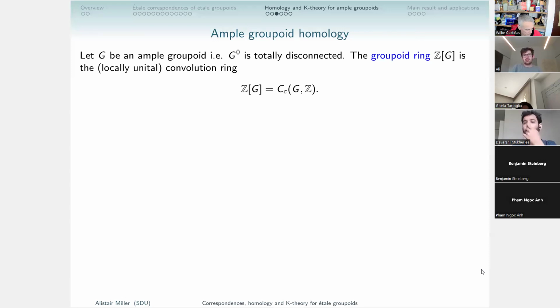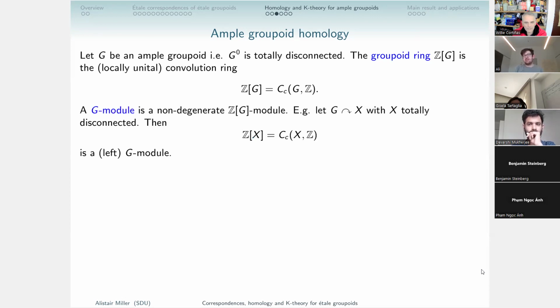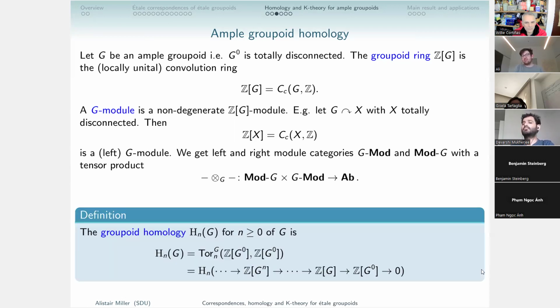The point is, it's all about this thing called the groupoid ring, which is in the same way that every C-star algebra has an approximate unit, and you can still do a lot of things with that. So then you just work with module categories of this ring, and you can define tensor products and groupoid homology as a Tor functor.